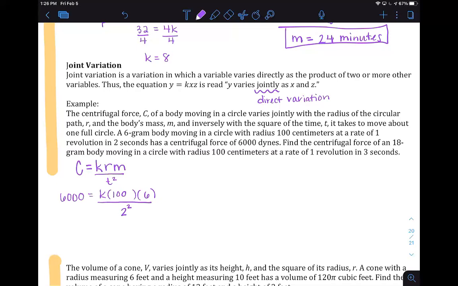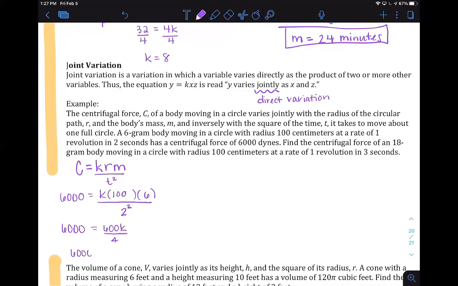Okay, simplify everything on the right. What is 6 times 100? 600. Divided by what's 2 squared? 4. And 600 divided by 4? 150.